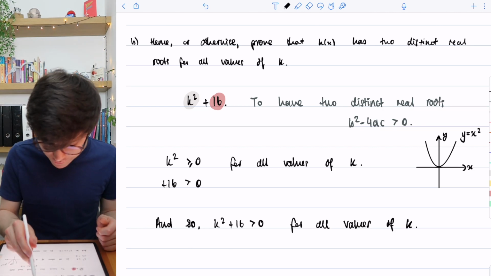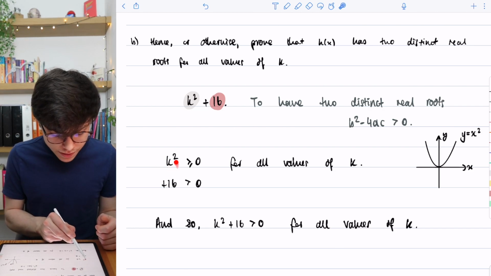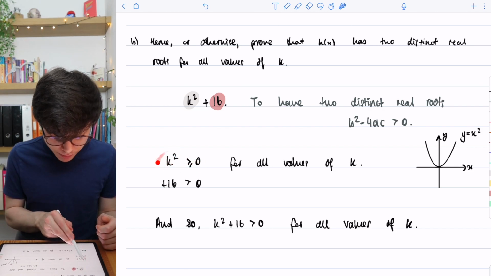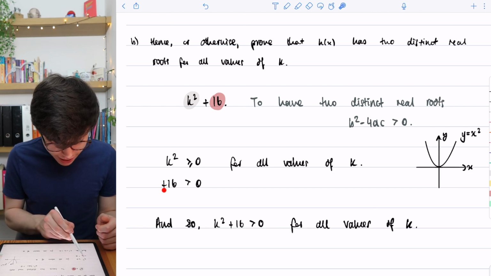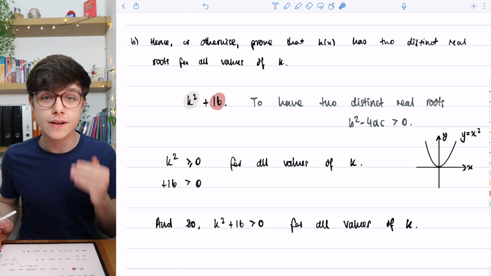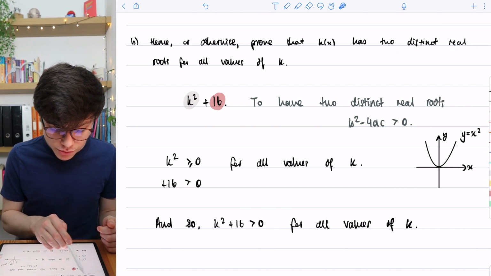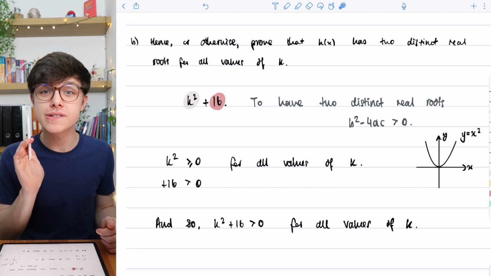Okay, because if, for example, we do have k being equal to 0, then this term will disappear because it will be equal to 0, but we're just left with the discriminant as 16, and that's still greater than 0. And so we have two distinct real roots for all values of k.